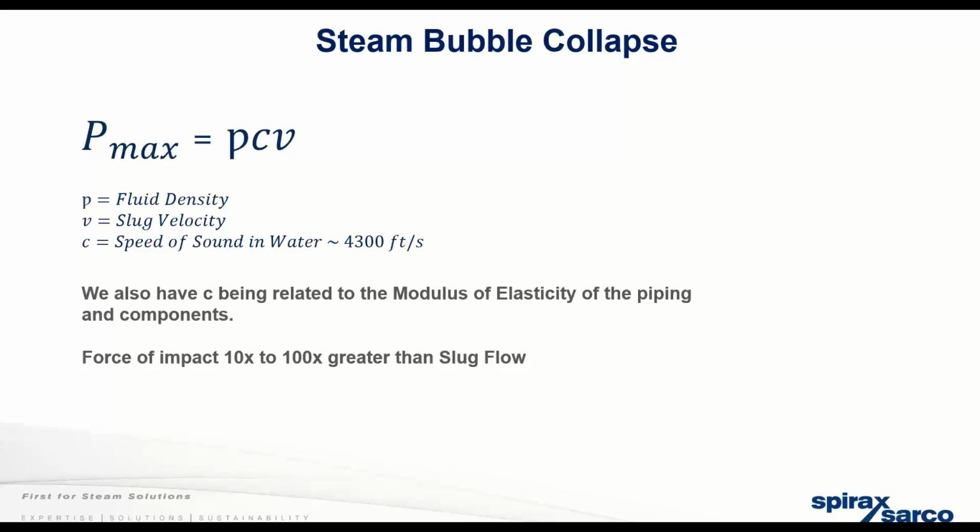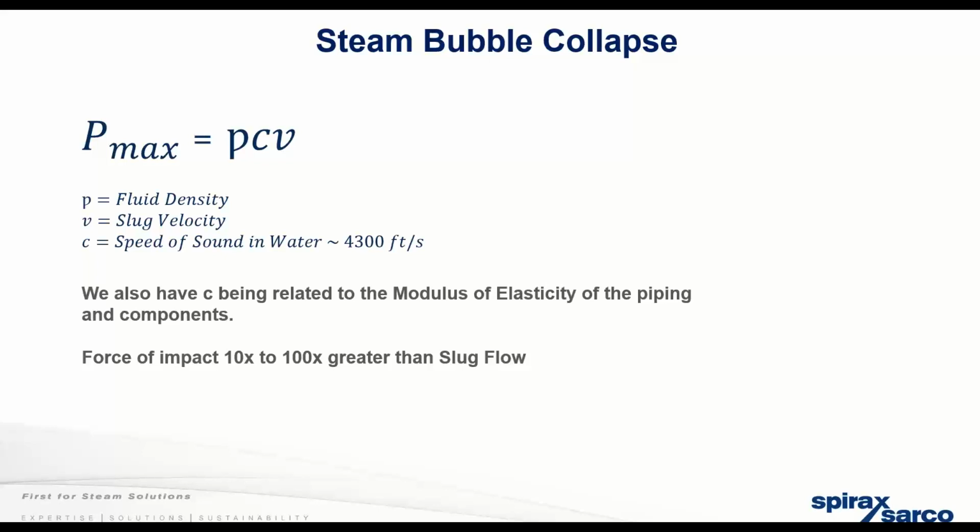So what this does to our steam system, and it does have a considerable impact pressure difference, is somewhere in the range of 10 to 100 times greater than slug flow. And that's due to that speed of sound in water.